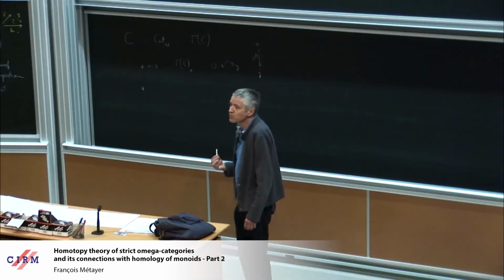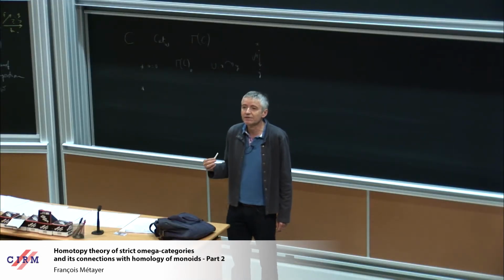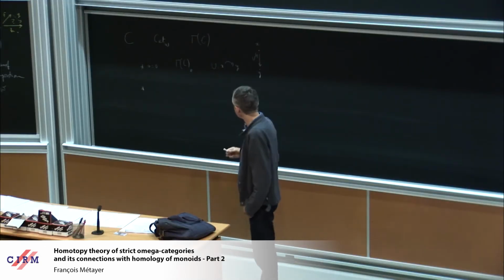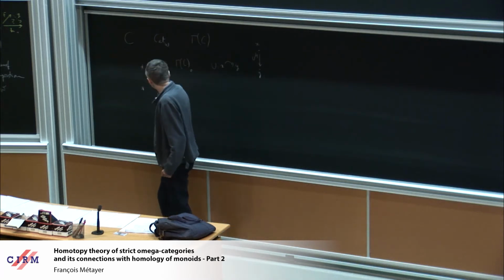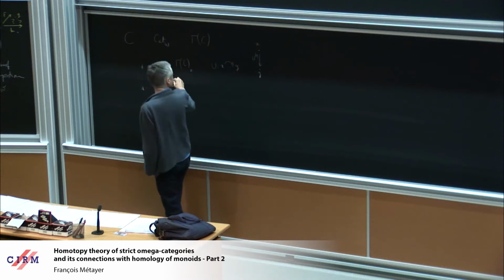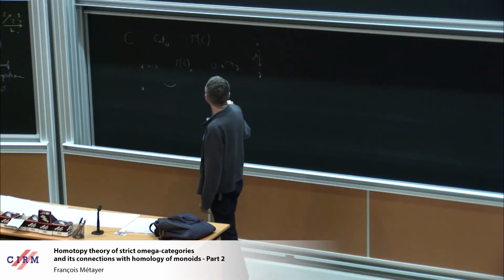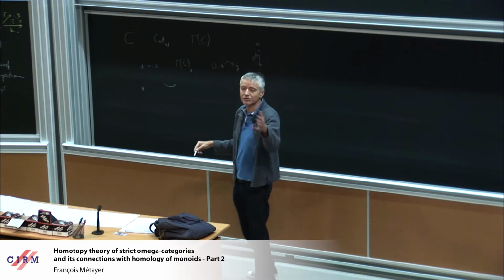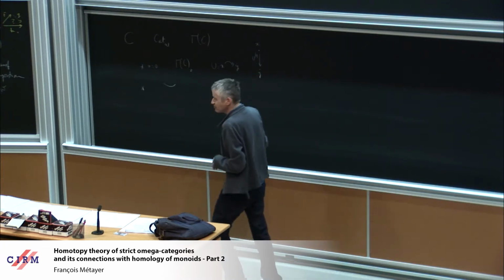Okay, and then by induction, suppose I have defined what n-cylinders are. I want to define what's an n+1 cylinder in C. So I take two n cells, let's say from n minus 1 to n would be easier.